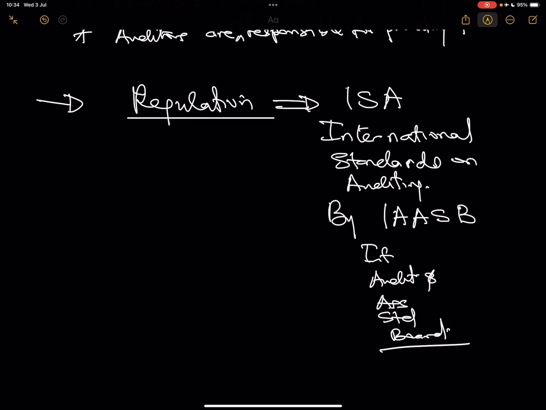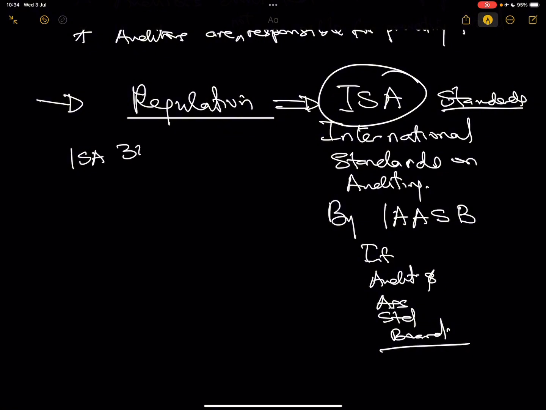So every audit we do is guided by ISA standards. And these ISA standards are many. They are all focusing on different things. Take for instance, you see ISA 315, we will see soon. It's about identifying risk of material misstatement by understanding client and his environment. You have ISA 240 on fraud. You have ISA 320. You have ISA 215, ISA 200.